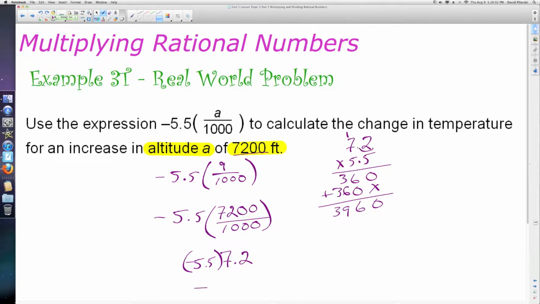Since these two numbers combined have 2 decimal places, starting at the right and moving to the left, our answer should also have 2 decimal places. So here we have 39.6, 39.6 degrees, because this is a temperature. It's going to drop almost 40 degrees.